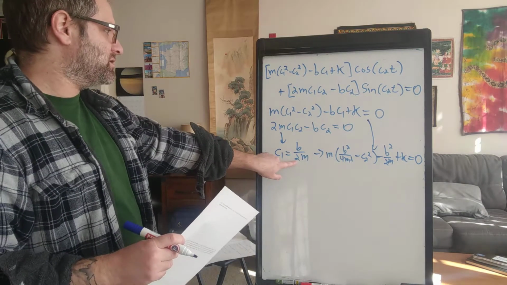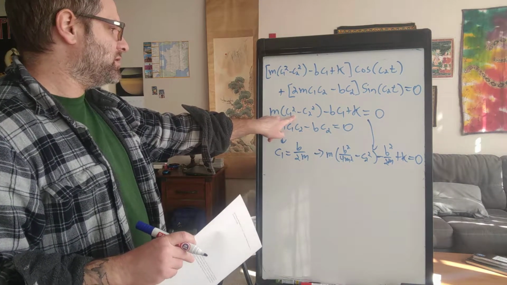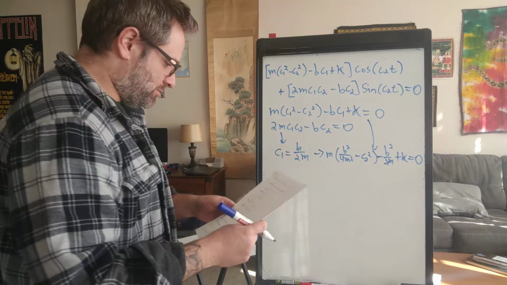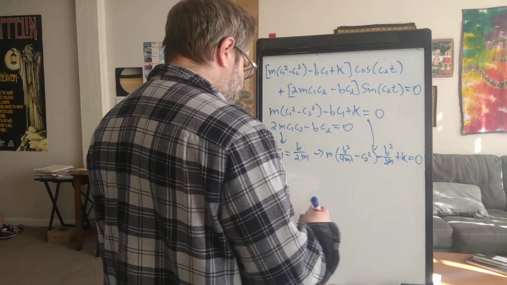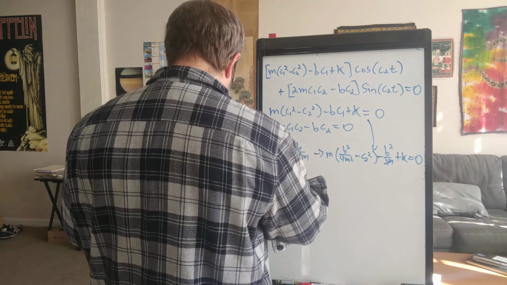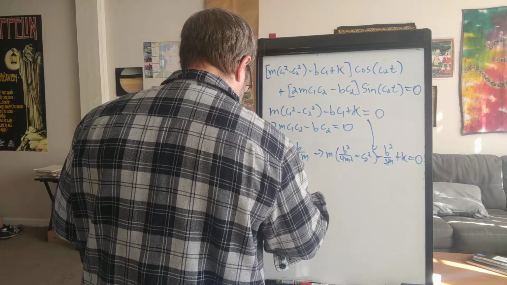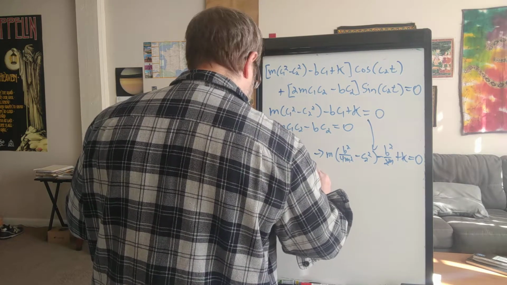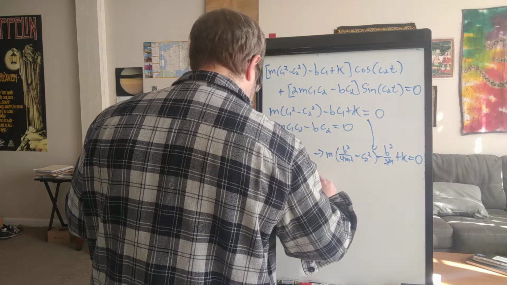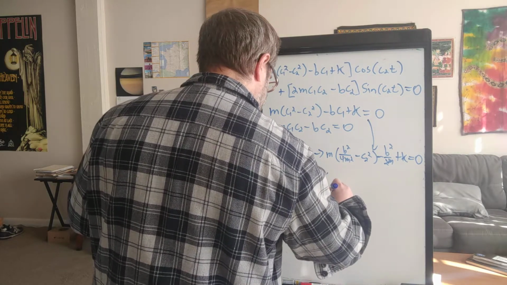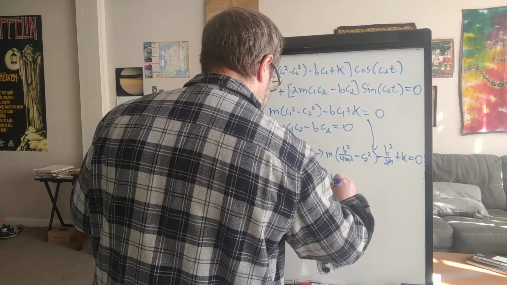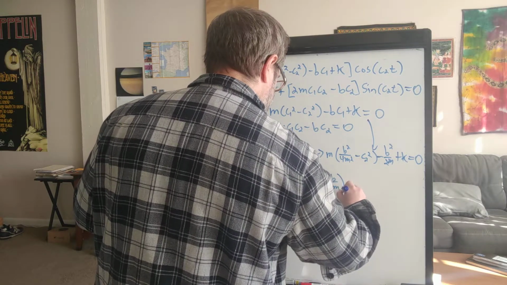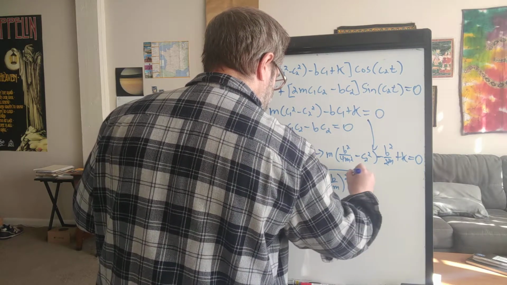Right? So we just took this guy and plugged it into the c1s here, and we get this expression here. So we do a little bit of algebra, which I'll skip over, and we get c2 equal to the square root of k over m minus b over 2m, squared, square root.